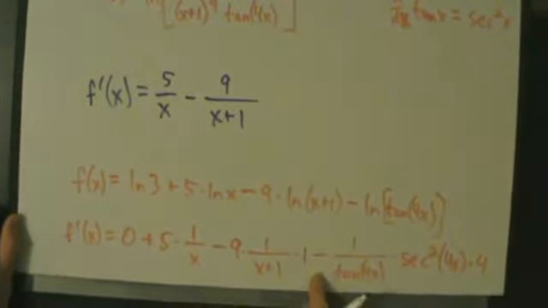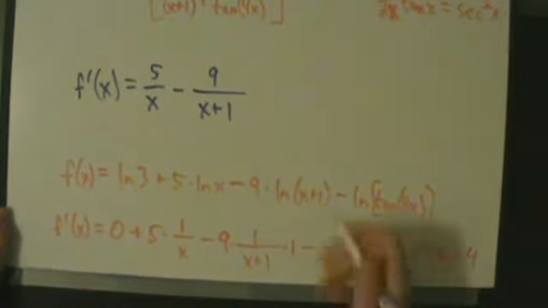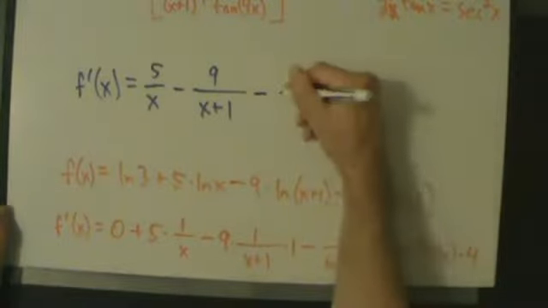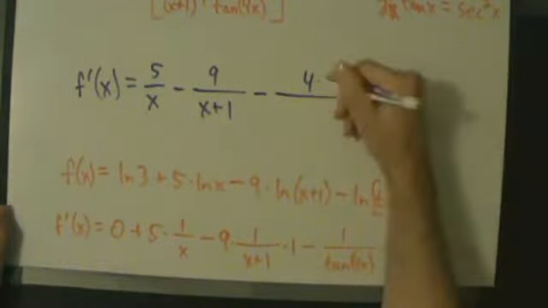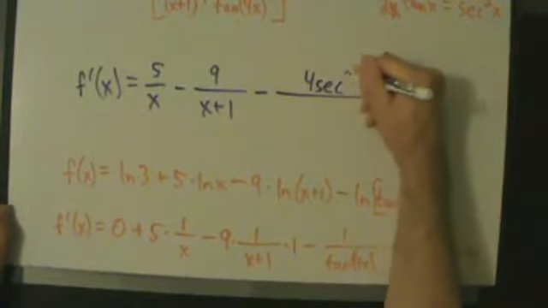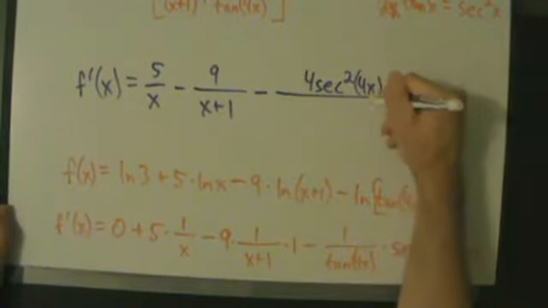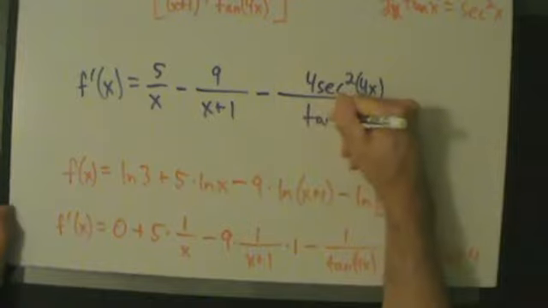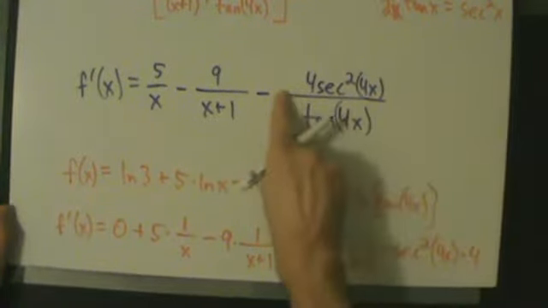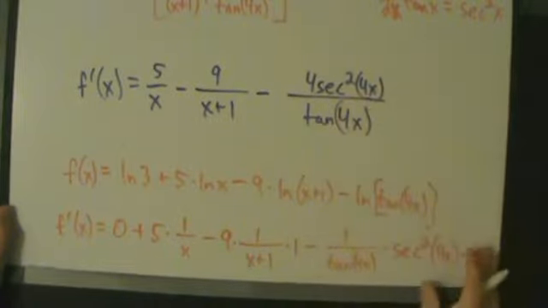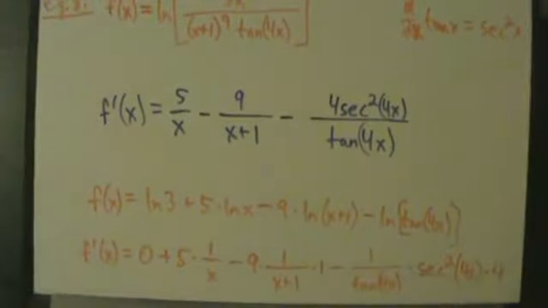And then minus 4 secant squared of 4x over tangent 4x. Not sure why I pushed this so far over. But anyway, that's our derivative here.